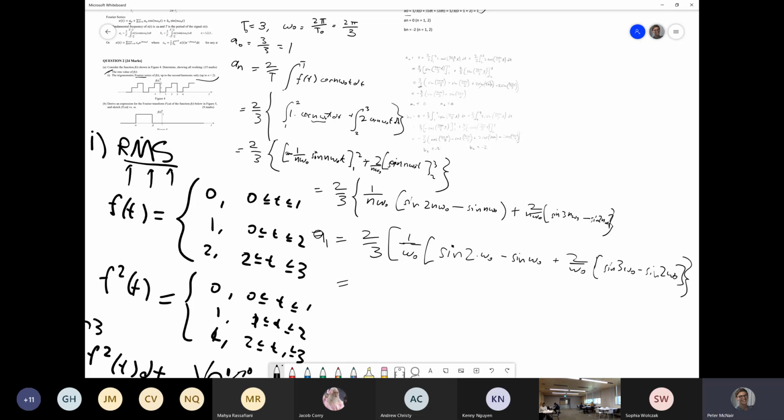It's easy to get into these sort of messy situations. Try and keep it as clean as we possibly can, I guess. But sine of 4 pi on 3.